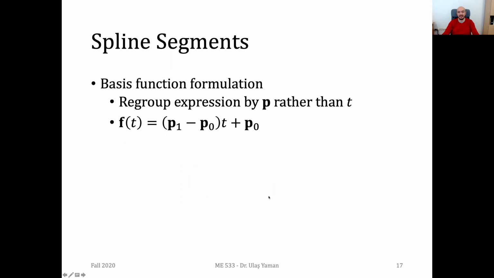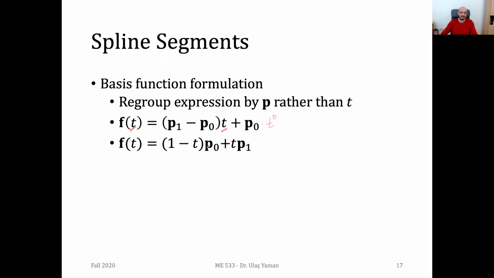So we can do the formulation in a different way, actually. We can do the grouping by using t instead of the control points. So here, as you see, the same function is represented, and this is a parametric function depending on t. Now the right-hand side is also grouped according to the order of t, that is order t0.